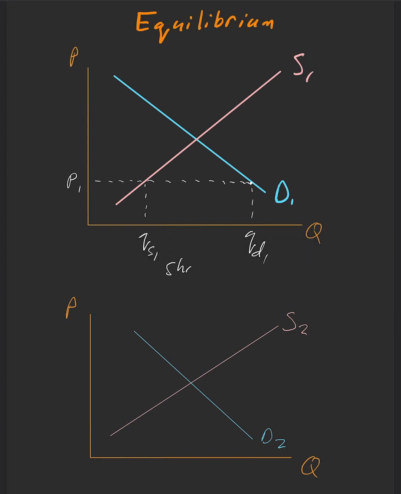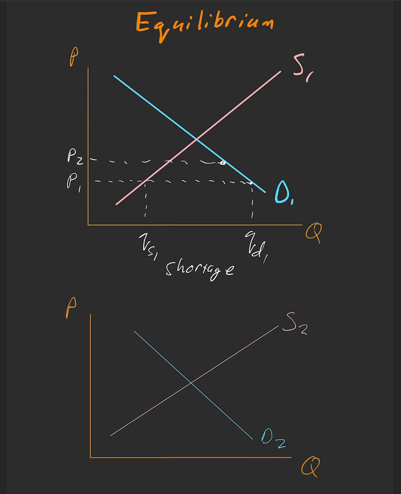This is a shortage, where the amount that people want to consume is much higher than the amount of the goods that are made available. In this case, if there's a shortage, the price will be driven up, such that the price will rise.